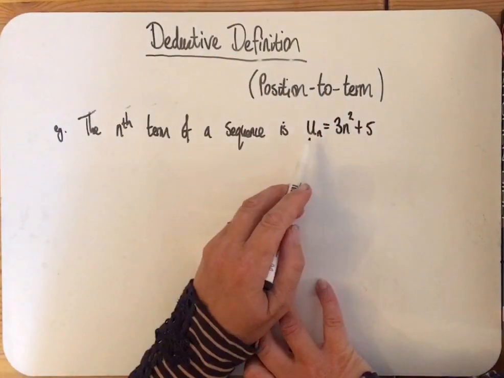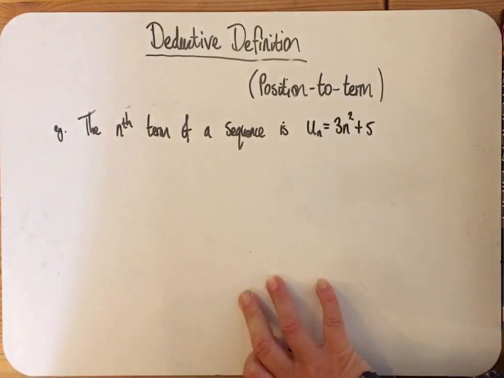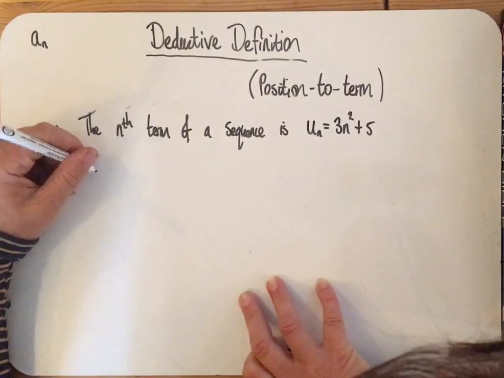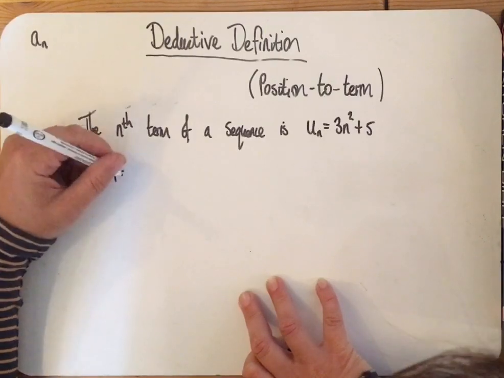So tend to use lowercase u with the subscript for the terms. In some questions you will see a used instead of u. I guess they look quite similar, but yeah, it depends on the exam board a little bit as well.